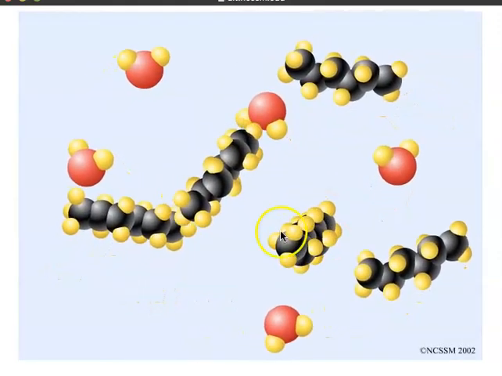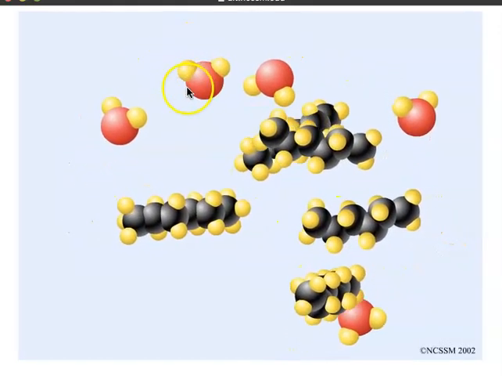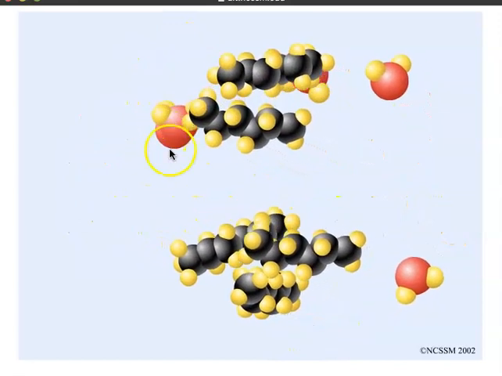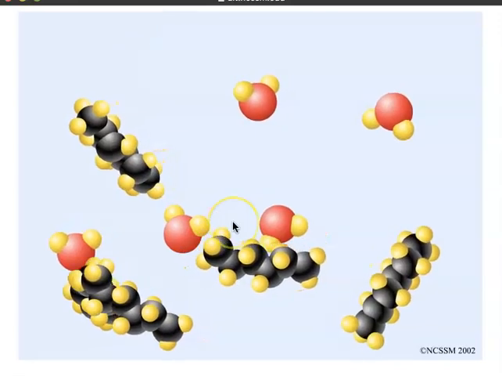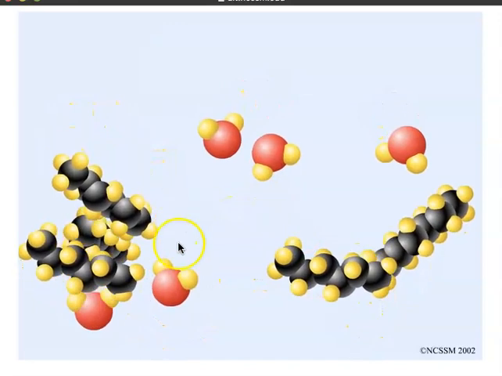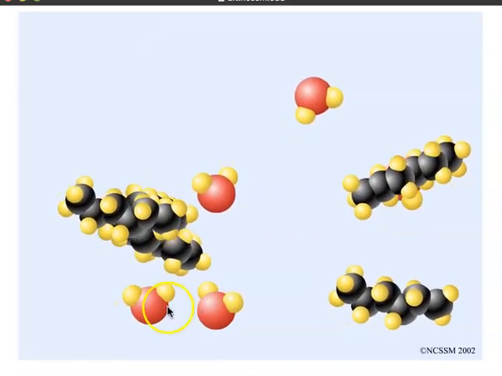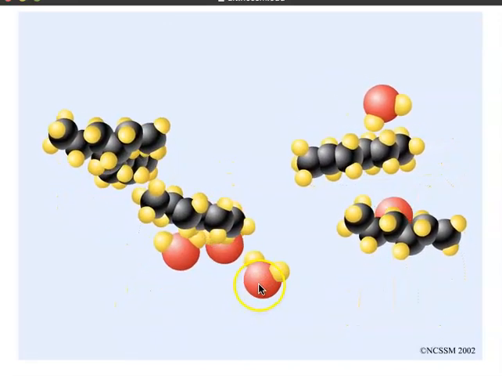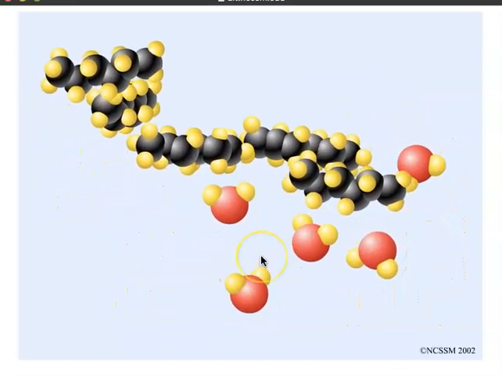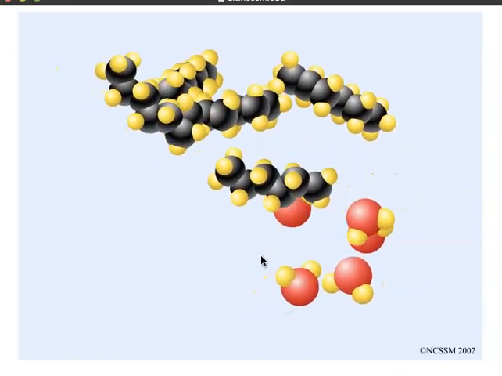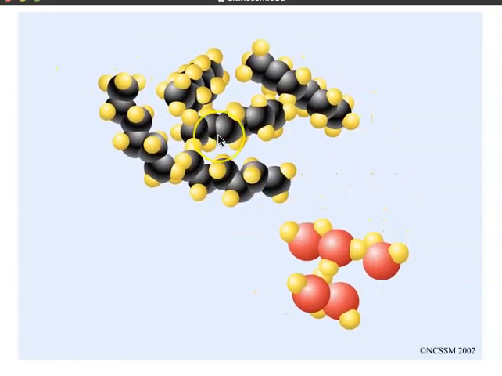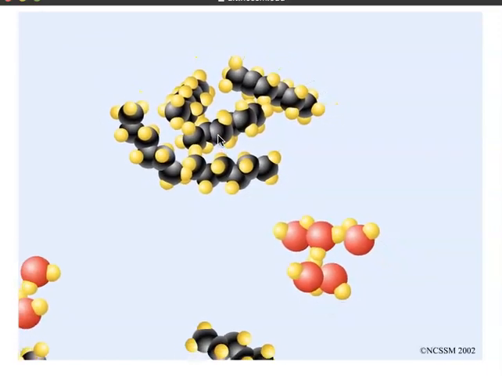And so here we have those hexanes floating around and the water floating around. And you'll notice that they just ignore each other. And what you'll notice in a second is that water is going to be attracted to itself through those same positive and negative interactions, and it's going to force the oil not to be able to participate in this.